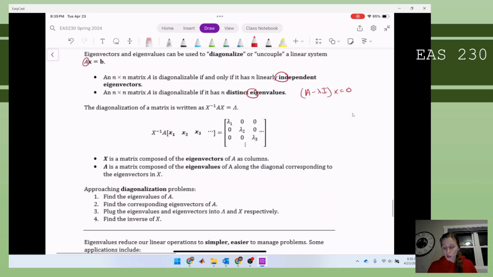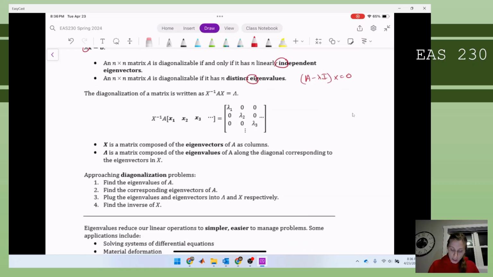But if all of my eigenvalues are different, then I'm going to end up with 3 different unique eigenvectors. So if it's a 3 by 3 and I have different eigenvalues, I'm going to end up with different eigenvectors, which means they are linearly independent.